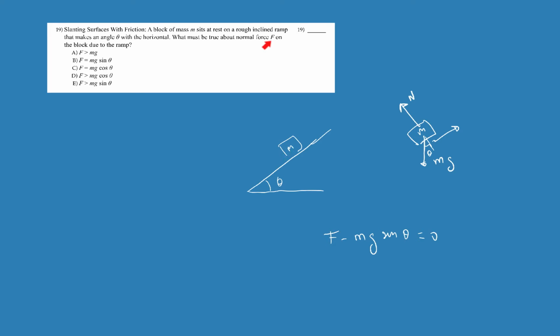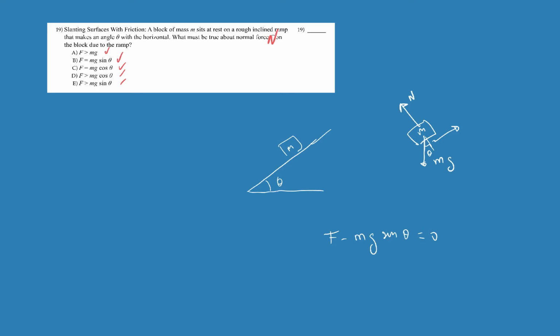The normal force we usually call N. The options are N equals mg, N equals mg sine of theta, or N equals mg cosine of theta, etc.